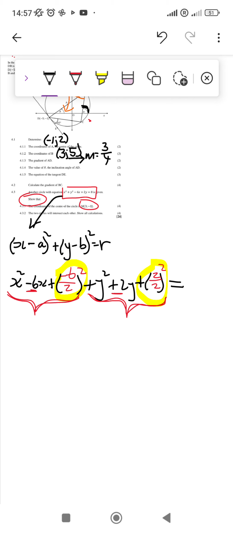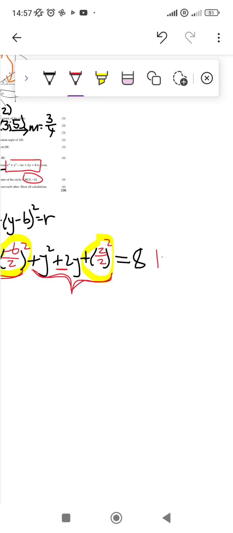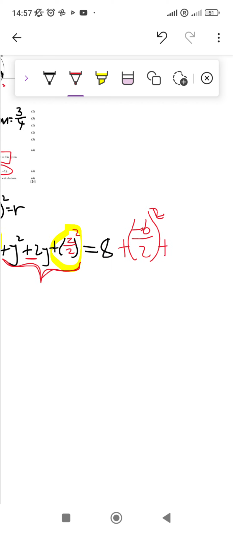We started out with an 8 there, so leave the 8 there. But now remember, we added this (-6 over 2) squared, and we also added this (2 over 2) squared.